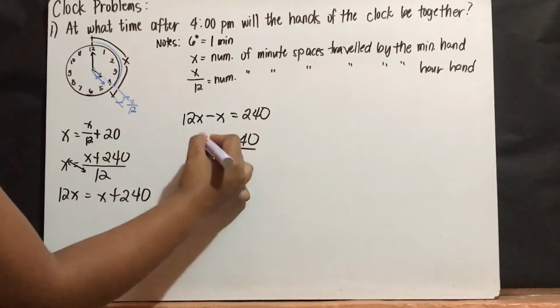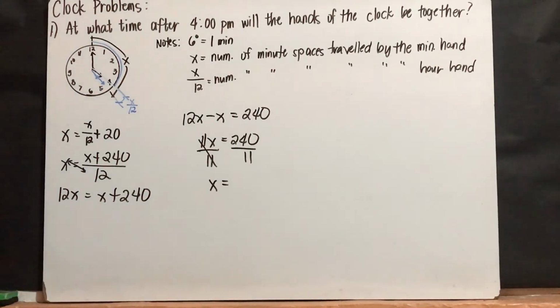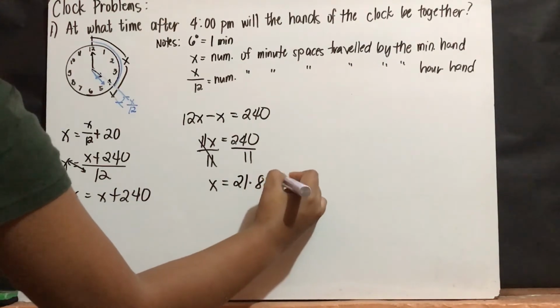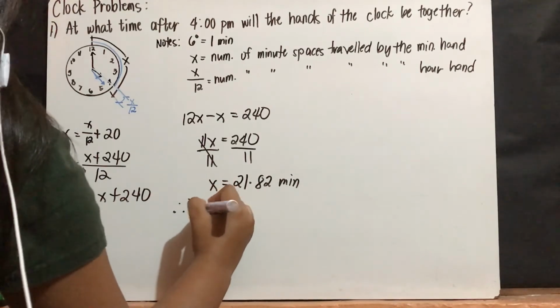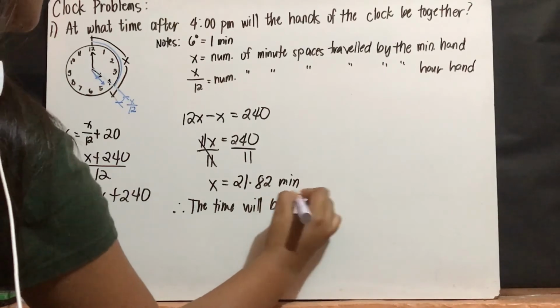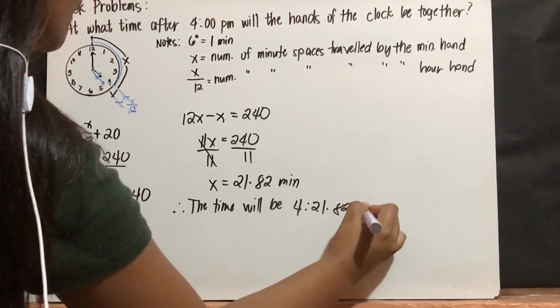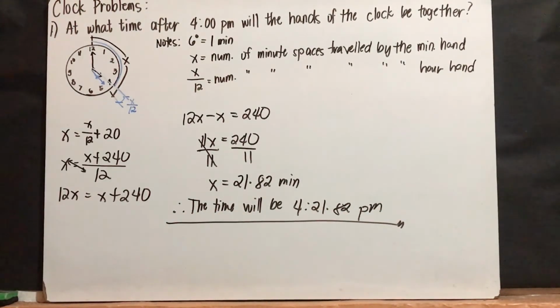Dividing both sides by 11, you are left with the unknown variable x. And then, your x is equal to 240 over 11, or this is equal to 21.82 minutes. Therefore, the time will be 4:21.82 p.m. So, this will be your final answer for example number 1.